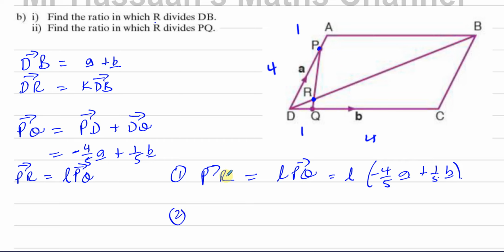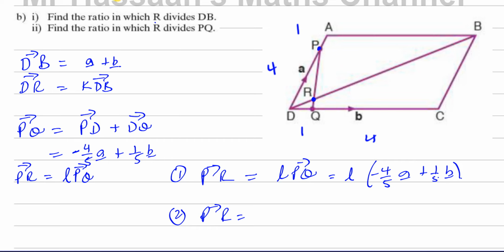And the second route to get from P to R: P to R is L times P to Q, but I already got that way, sorry.